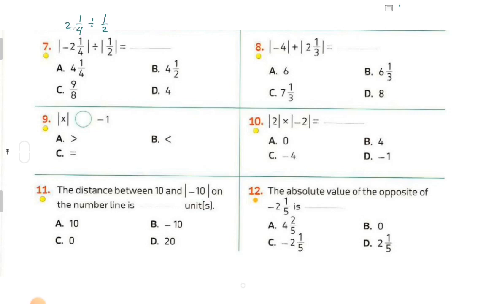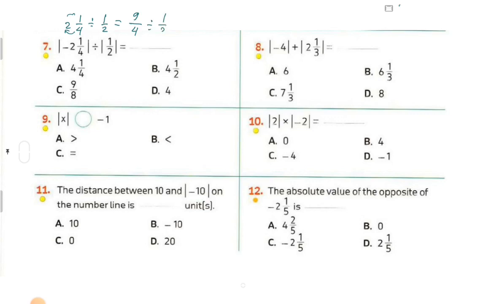We have a mixed number here and a fraction here, so I need to convert them both to fractions. To convert a mixed number to a fraction, 2 and 1/4: the denominator 4, and the numerator 4 times 2 plus 1. 4 times 2 equals 8. 8 plus 1 equals 9.